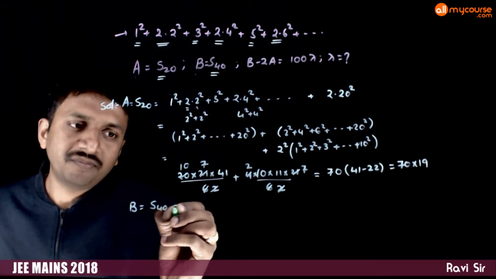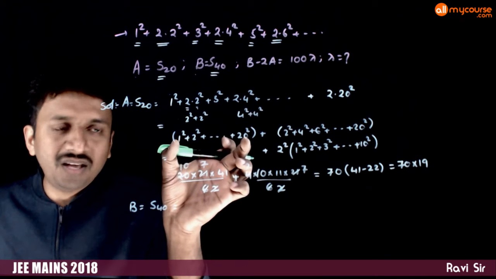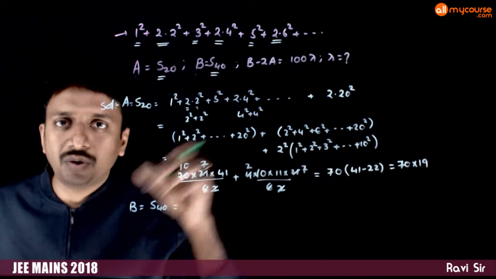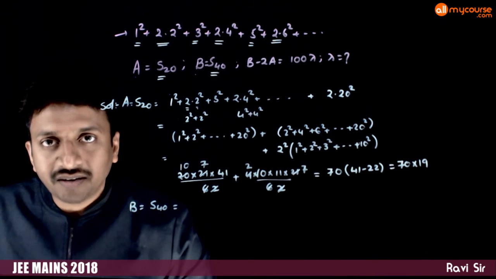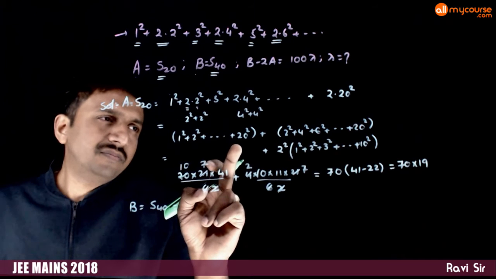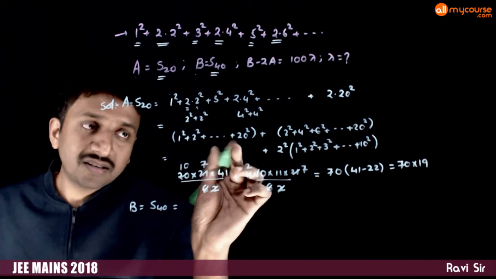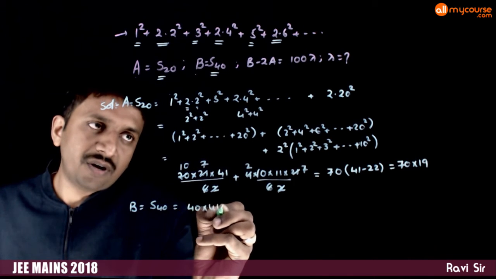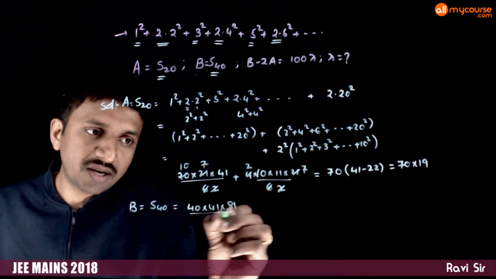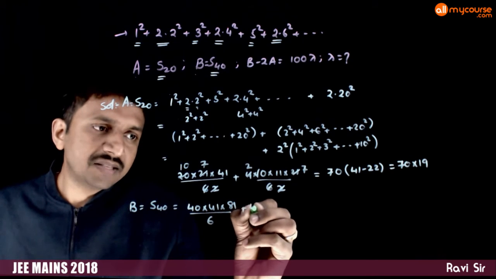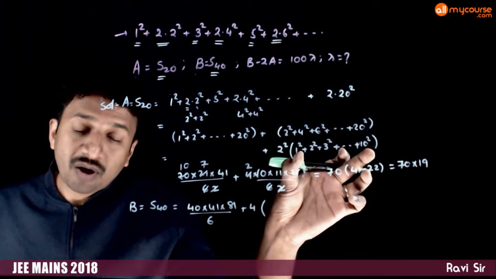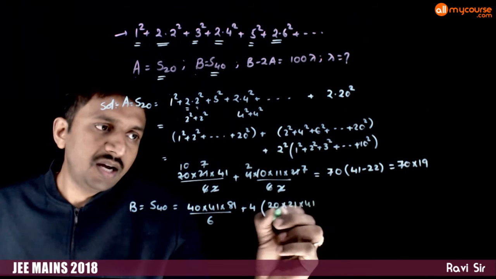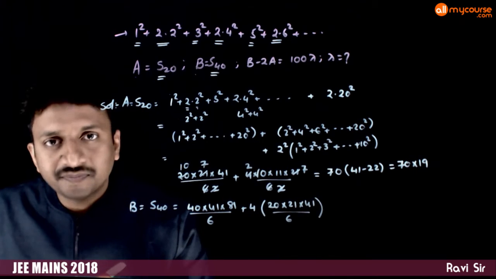S up to 40. By symmetry this will be 1 square plus 2 square up to 40 square, plus 4 times the squares going up to 20 square. So S40 is the sum of squares up to 40: 40 into 41 times 81 by 6, plus 4 times the sum of squares up to 20: 20 into 21 into 41 by 6.